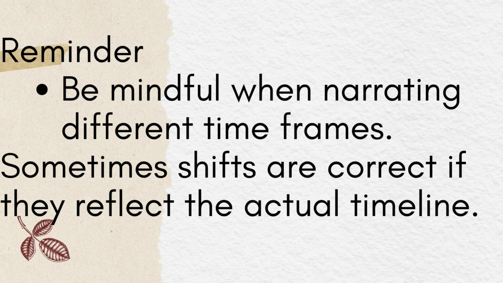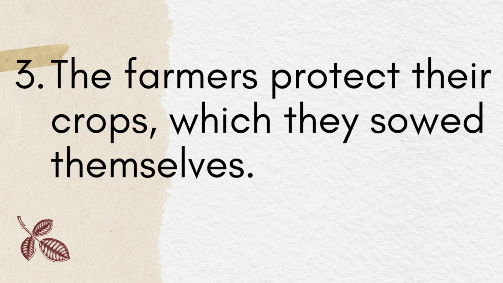I will show you sentences that happened at different times or on different timelines, and there we can accept a shift in verb tense. Number three, the farmers protect their crops which they sowed themselves.